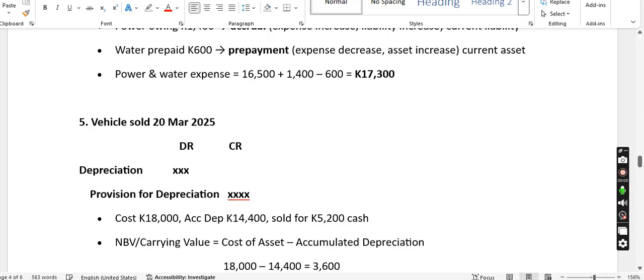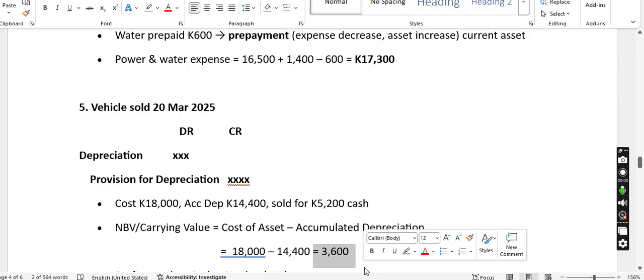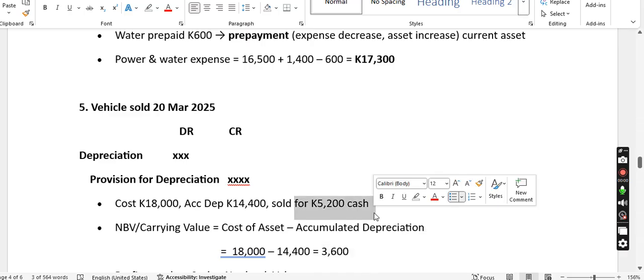So cost 18,000, accumulated depreciation 14,400. So the value of the asset is 3,600. Now this asset worth 3,600 was sold for 5,200.